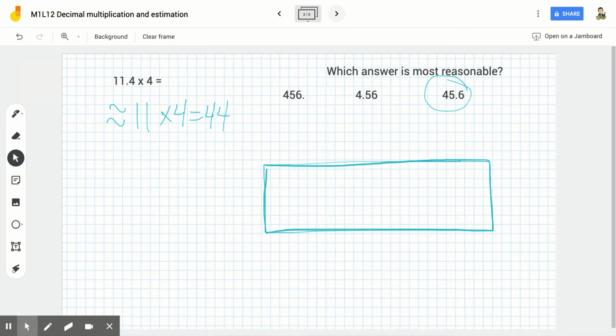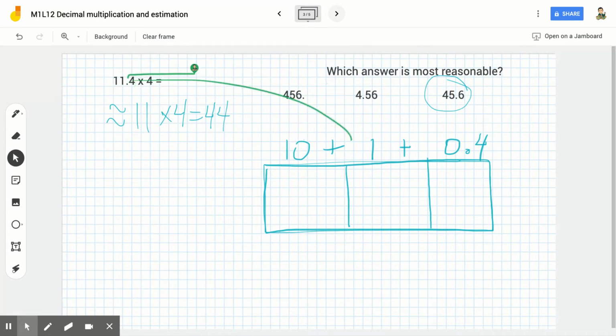So it's 10 plus 1, or just 1, plus 4 tenths, or 0.4. Notice I'm using what I already know. I just switch this number into the actual standard values.